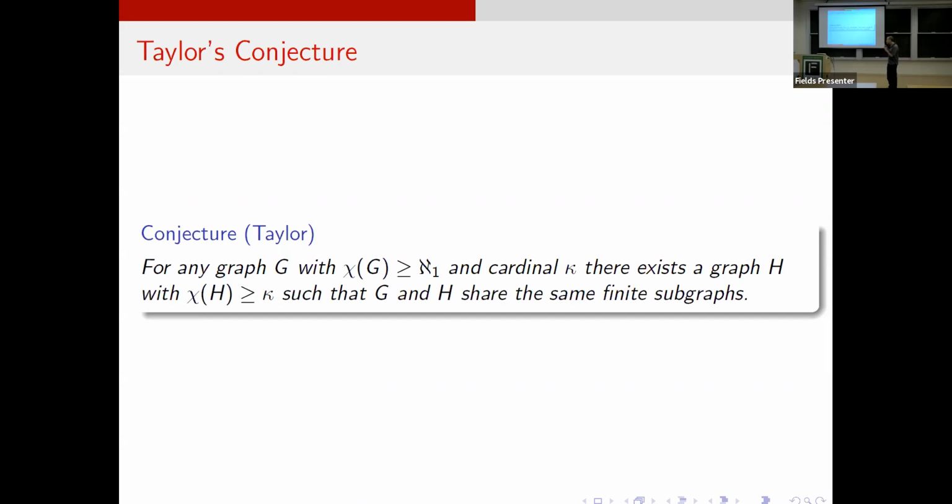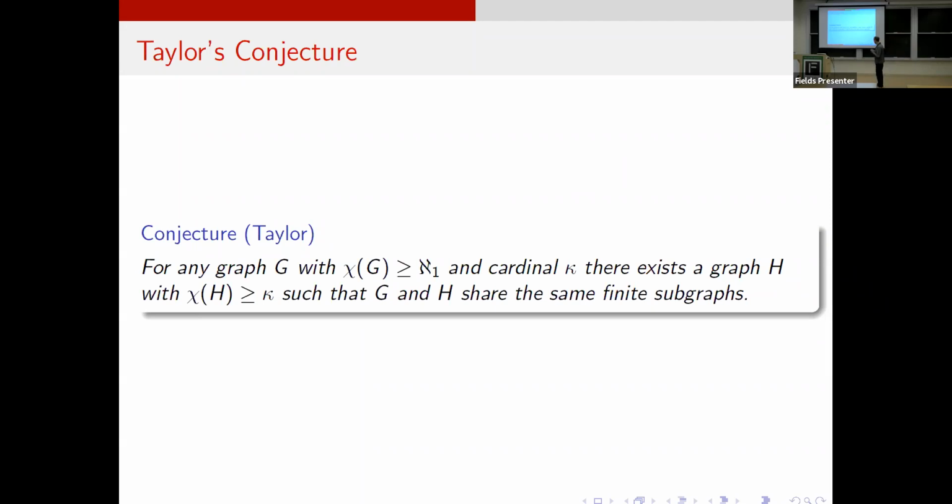Actually, he didn't phrase it like this. He asked what is the minimal mu such that this would be true. The fact that such a mu exists is some kind of general Hanf number argument, and the fact that it's not aleph_0, you can find a counterexample. So somehow it settled into the following conjecture.